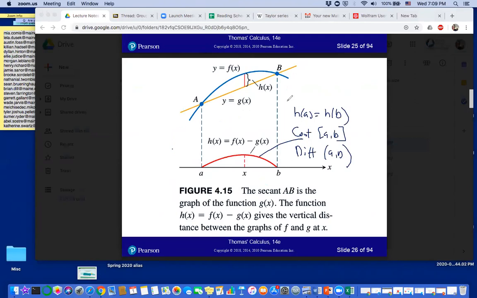That means Rolle's theorem is satisfied for this h. So that's telling me that there's some c where h prime of c is equal to 0.